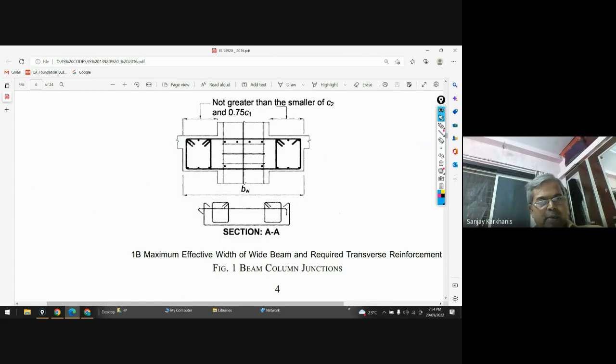See, in this, 0.75 times C1 or C2, whatever it may be, the smaller of these. In that case, you have to go for one closed ring, and there has to be reinforcement at the bottom and at the top. So minimum 3 at bottom and minimum 3 at top, and you will see that a stirrup will be like this. Then the same will be like this, and in the remaining area you may have whatever reinforcement is required as per your calculations.